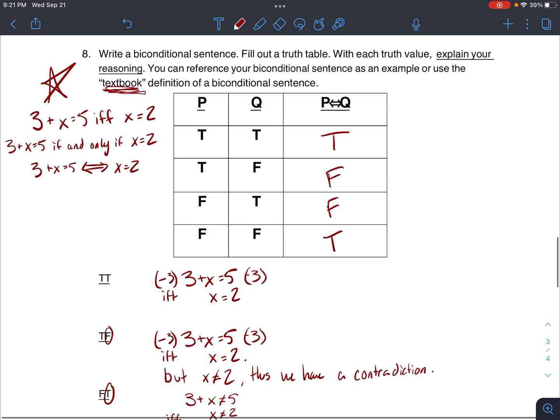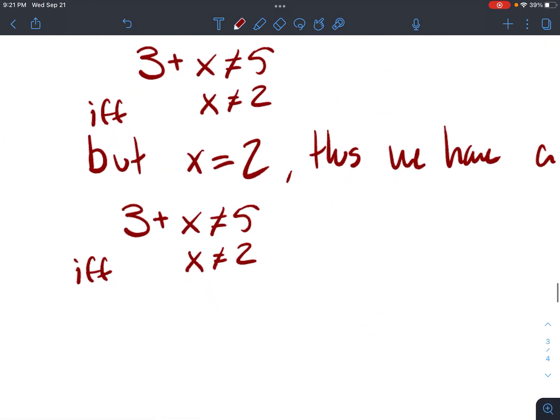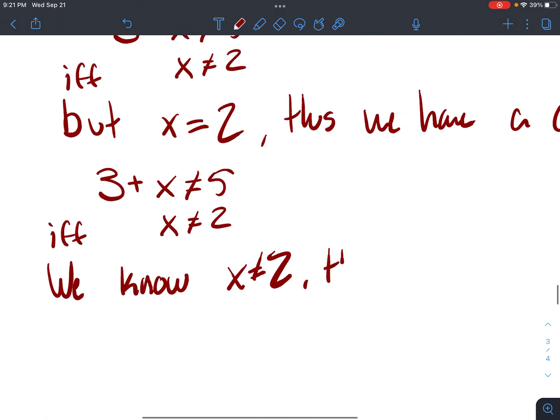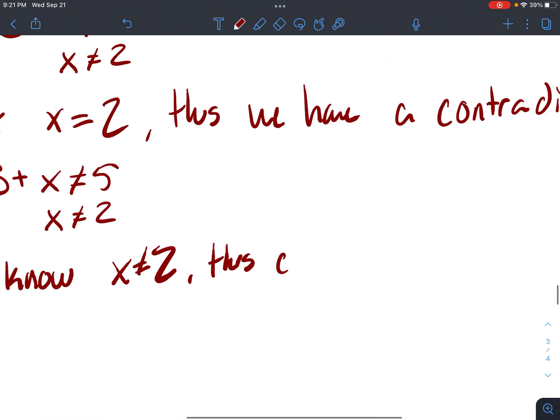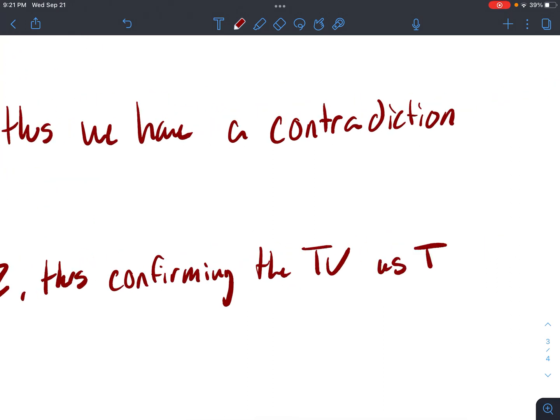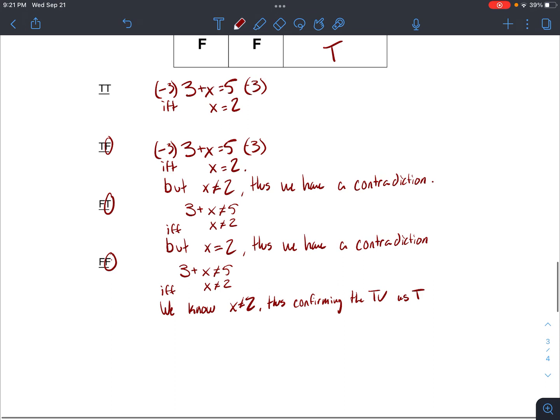So this statement is negating our original statement. And then we know x is not equal to 2 because it's false. Thus, confirming the truth value as true.